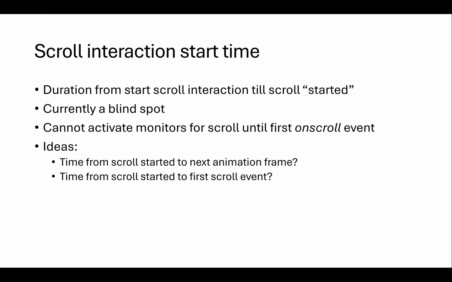And since we don't want to keep monitoring the UI all the time, we only activate our monitoring on the first on-scroll, and that basically means we have a blind spot. We don't know what the real scroll experience is, especially when the user starts. And we have some ideas of what can be done there, but nothing concrete that we actually did.